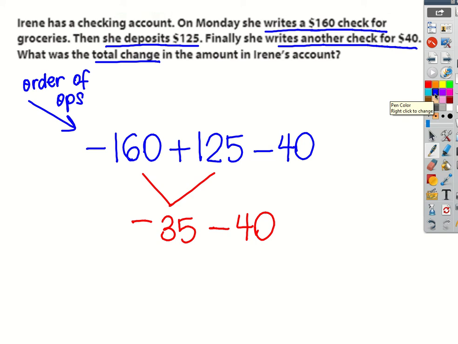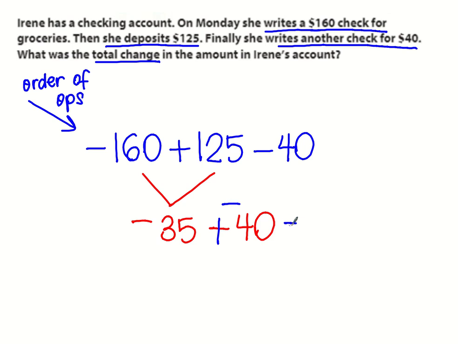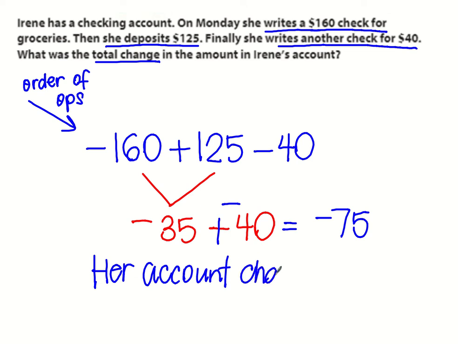We know, again, we're not looking at them like subtraction problems. We are adding the opposite. So if I look now and solve this, I'm adding two integers with the same signs. So your rule says keep the sign and add them together. So if we're looking at what was the total change in the amount in Irene's account, her account changed by $75.